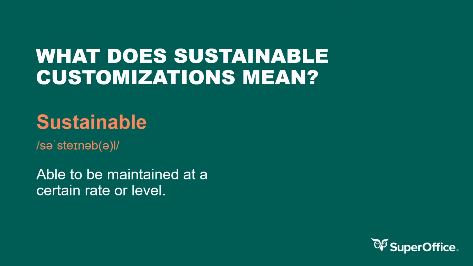So what does sustainable customizations mean? If you ask Google, one of the examples is that it's able to be maintained at a certain rate or level. And that's very important when we're talking about customizations of a business-critical system like your CRM solution. It can't be too complex to maintain or make changes.